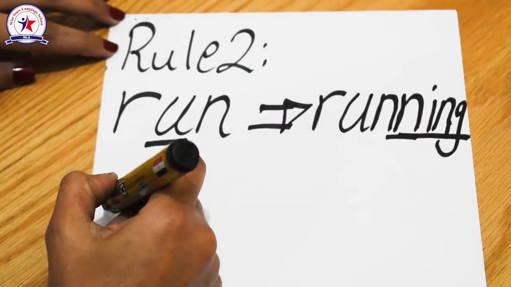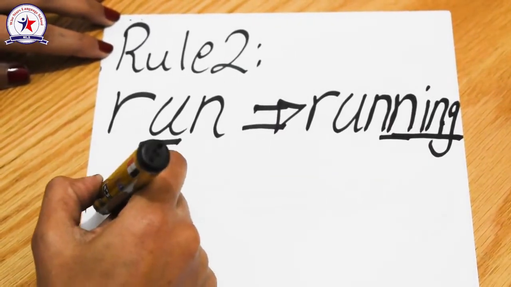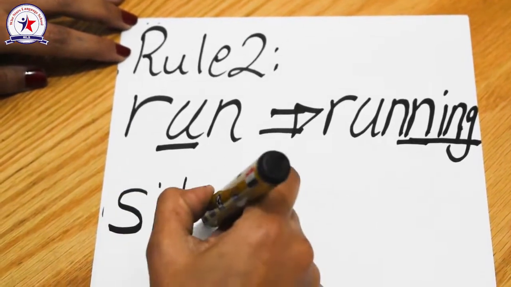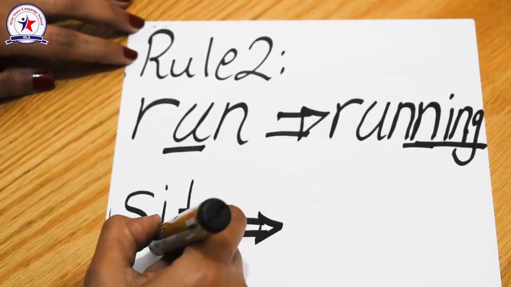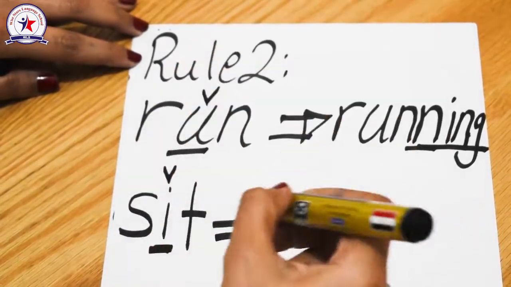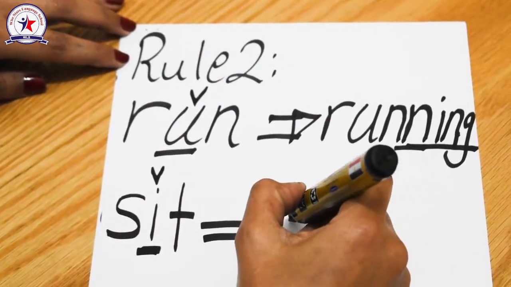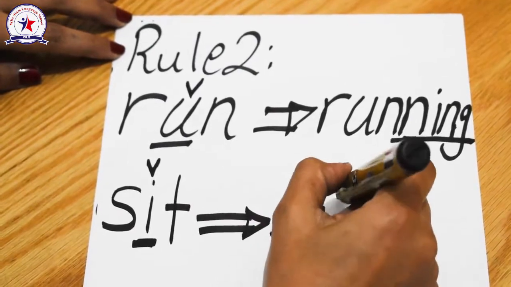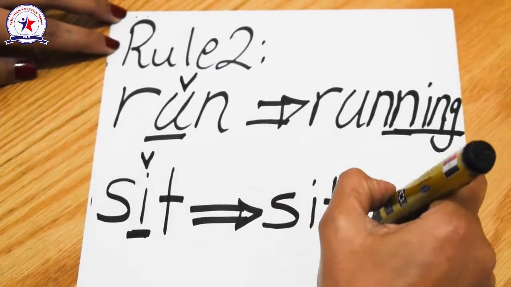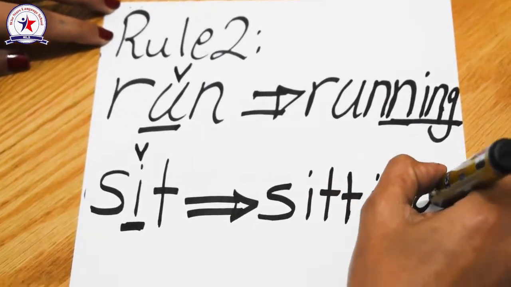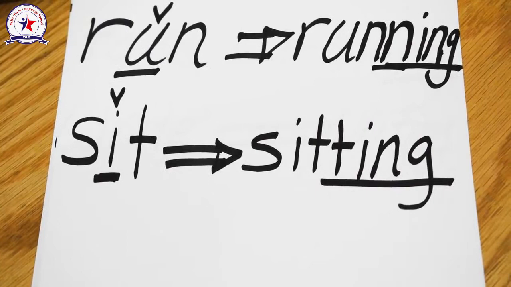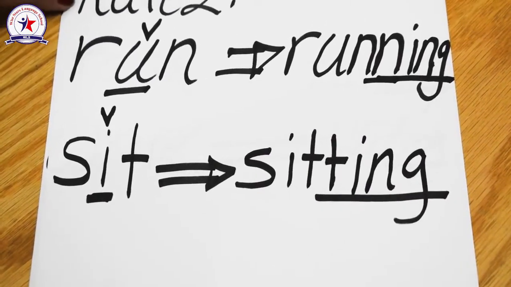Let's have another example. Sit. The I is a vowel, so I'm going to double the T, so it's going to be sit with double T and add the ing, so it's going to be sitting.